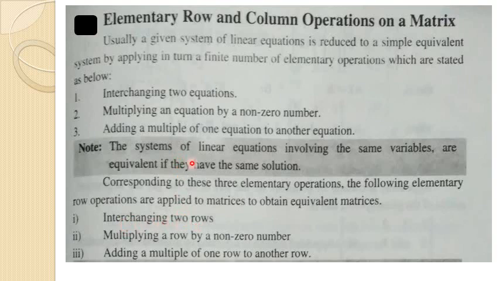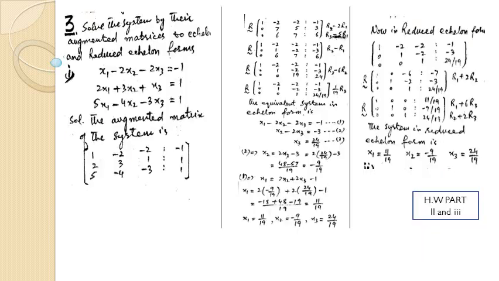So interchanging two rows, multiplying a row by a non-zero number, so we can multiply any row by any non-zero number, and adding a multiple of one row to another row. So the whole system of equations we convert to rows.